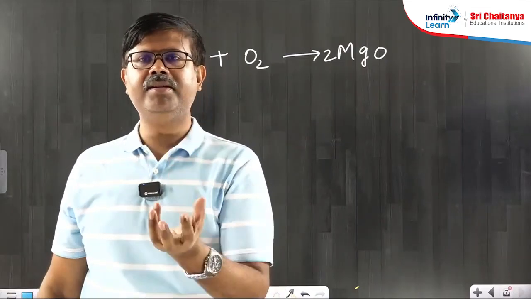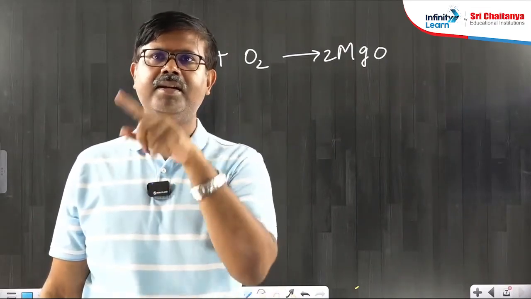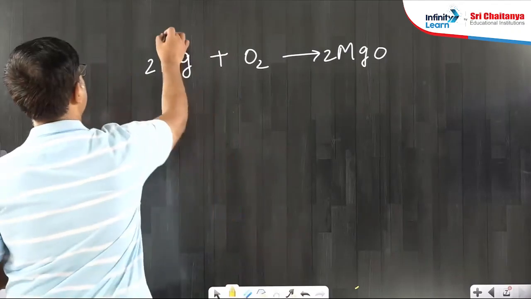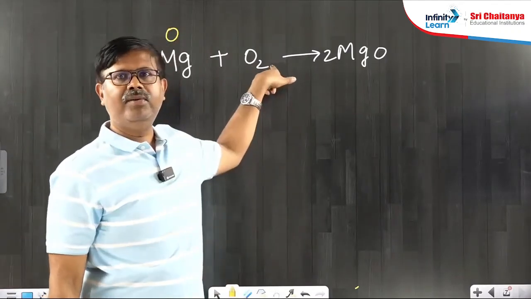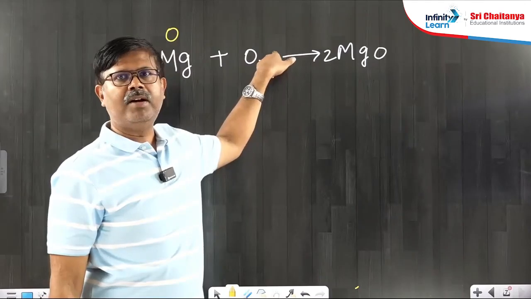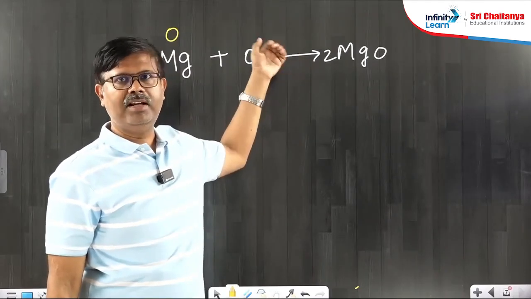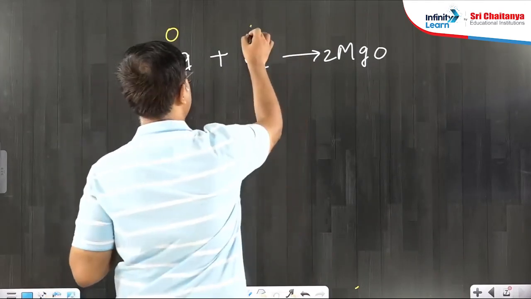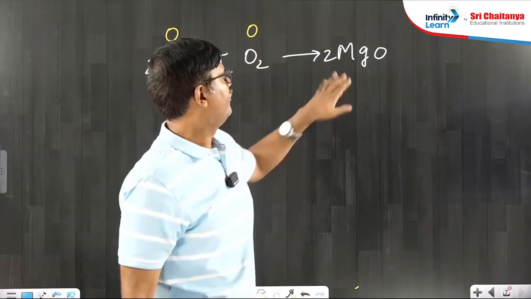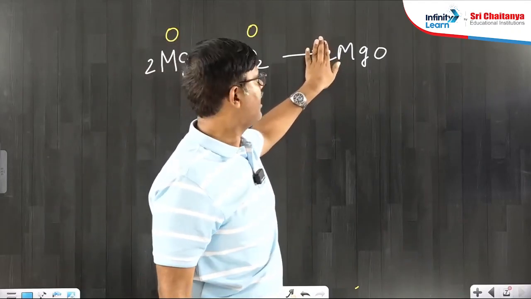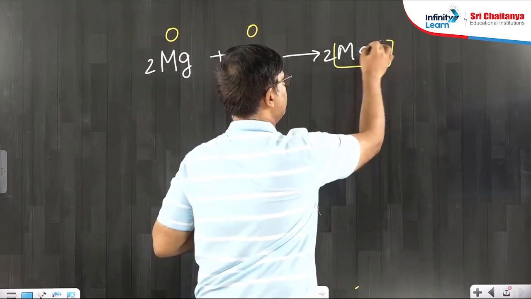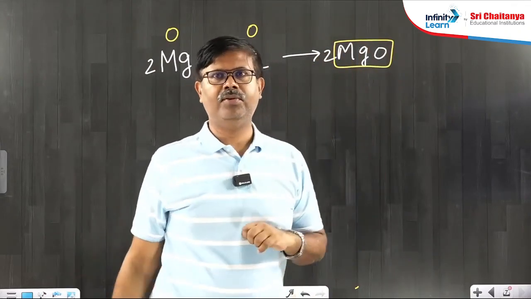So in elementary state, oxidation state is always 0. Oxygen, here also element only, because an oxygen atom is combined with another oxygen atom only, so it is an element. So oxidation state is 0. Forget about this number, it is there for balancing purposes. What is the actual compound? Focus on that only, MgO.